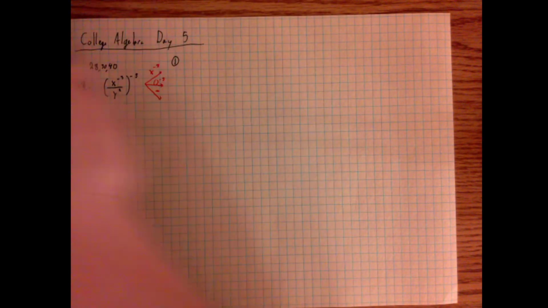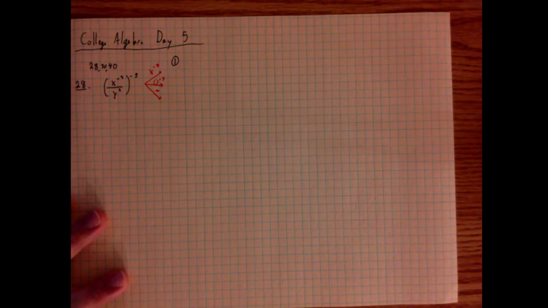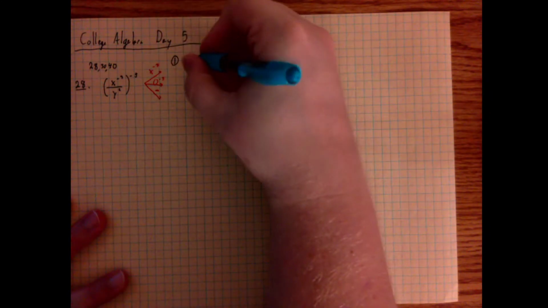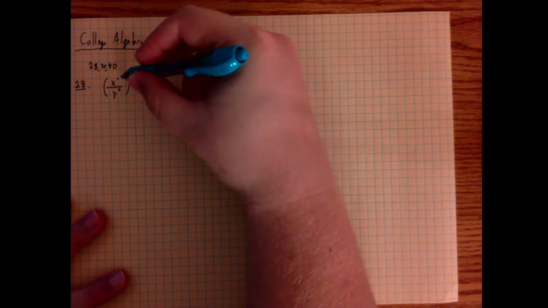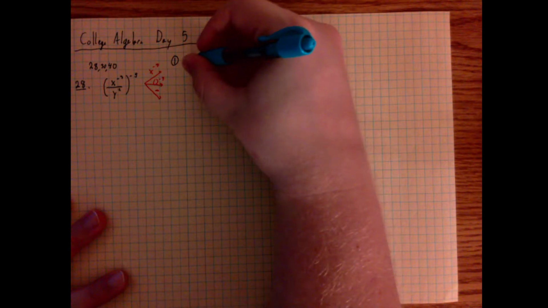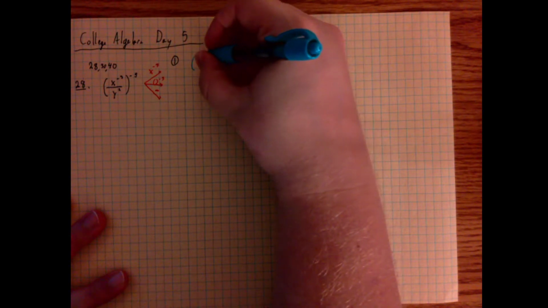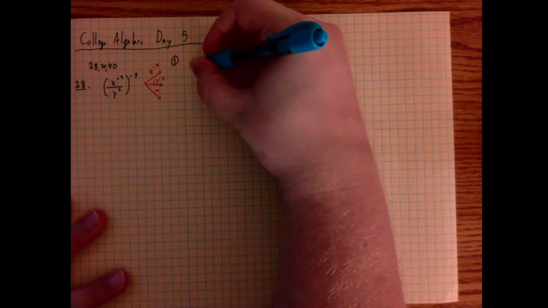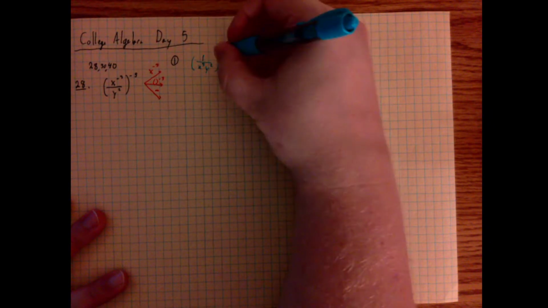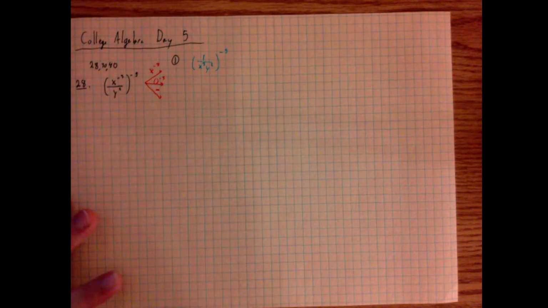If I simplify x to the negative third power, remember what negative powers do. If it's on top of the fraction, it will send it to the bottom of the fraction, meaning that it will be rewritten as 1 over x to the third, y squared to the negative fifth power.